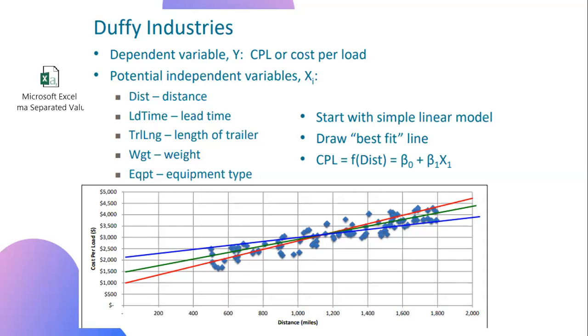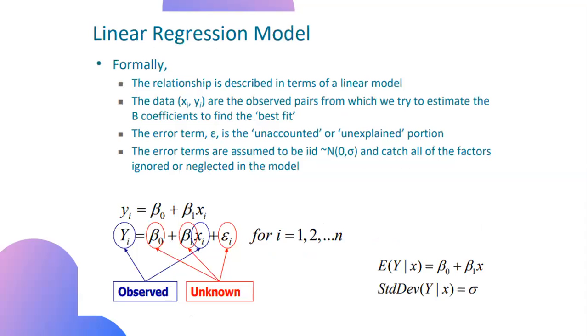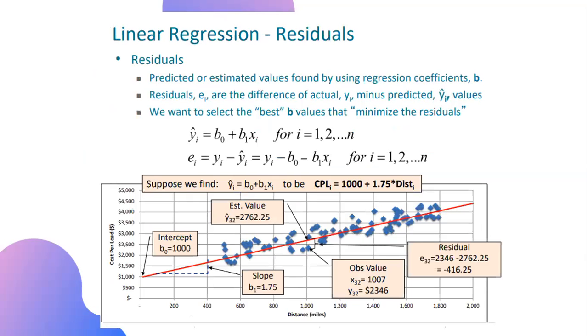If you use the wrong equation, obviously your results will not be very accurate, and your predictions won't be accurate either. So please keep in mind that the whole objective of doing regression is making predictions. I'm just going to go back here for one second.